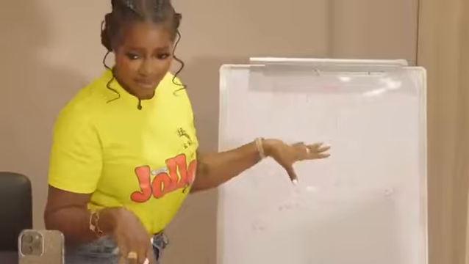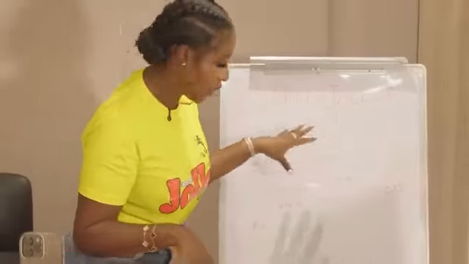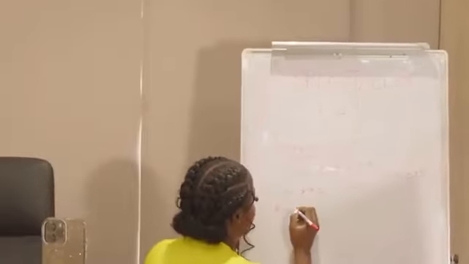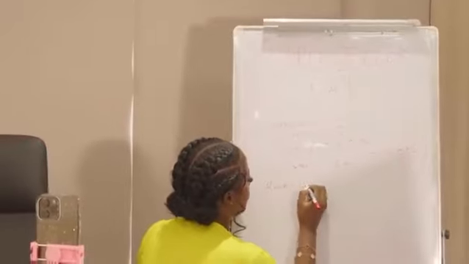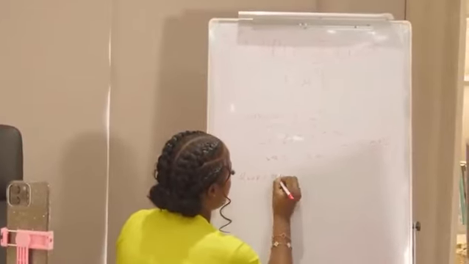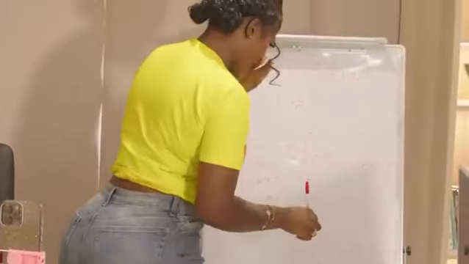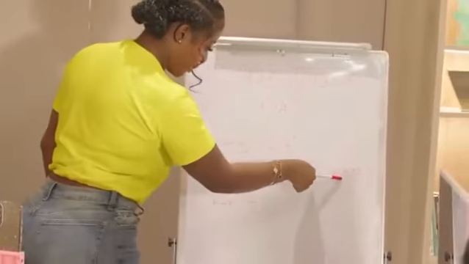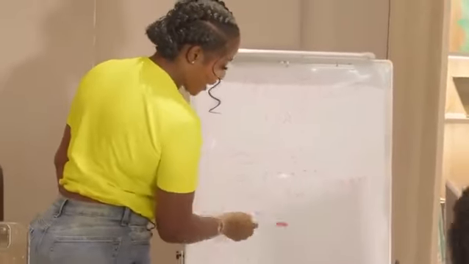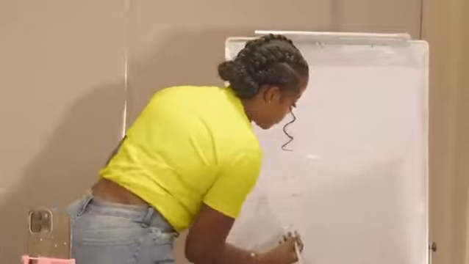Now to get the quantity of raw rice that I'm going to use, I'm going to multiply this by this, and then divide it by this 3.0.